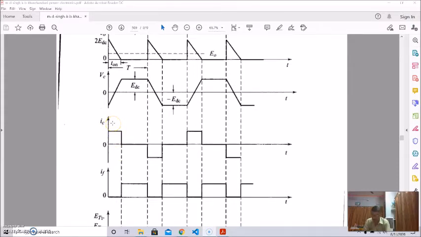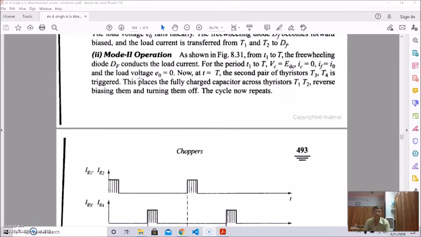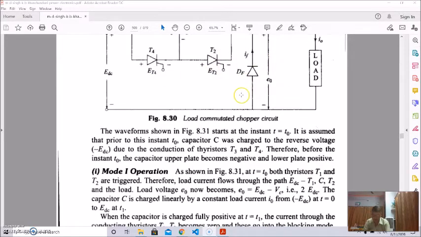When the capacitor is charged fully positive at t equal to t1, the current through the conducting thyristors T1 and T2 becomes 0 and they go into the blocking mode. The load voltage E0 falls linearly, and the freewheeling diode DF becomes forward biased.